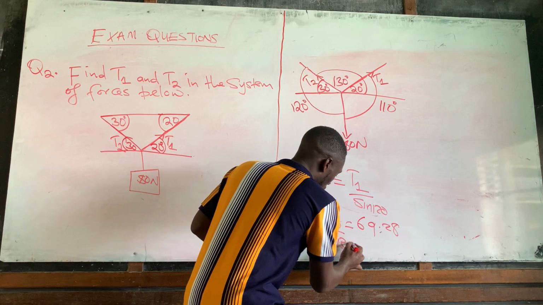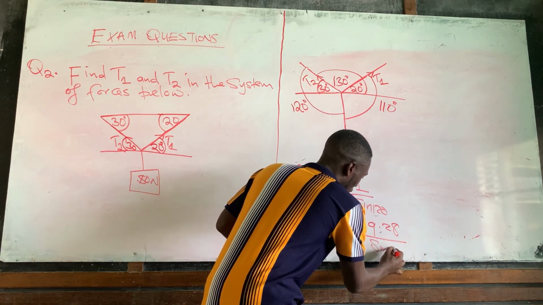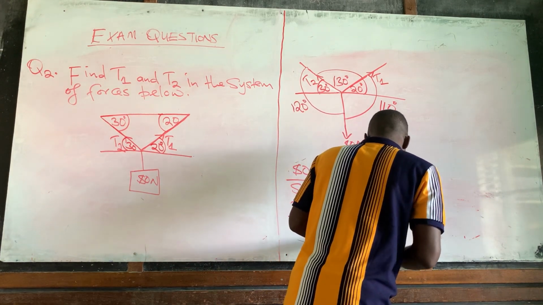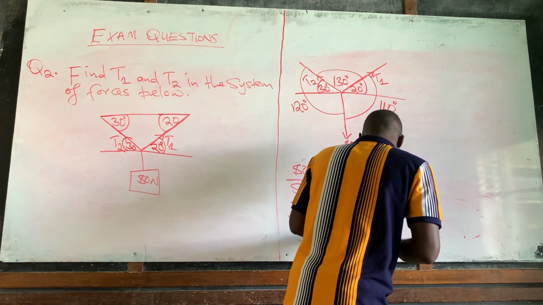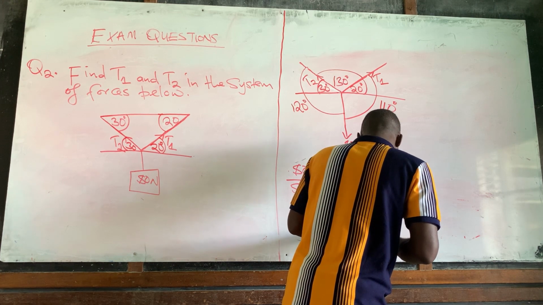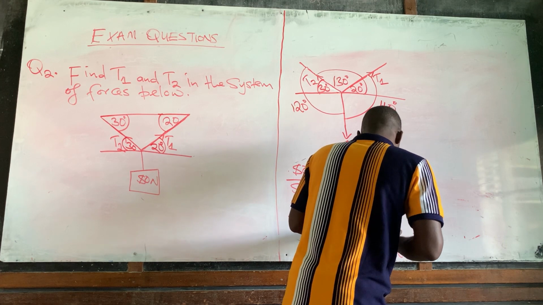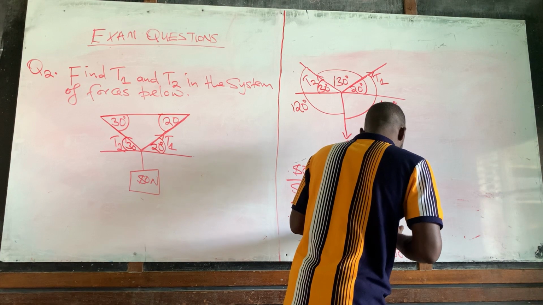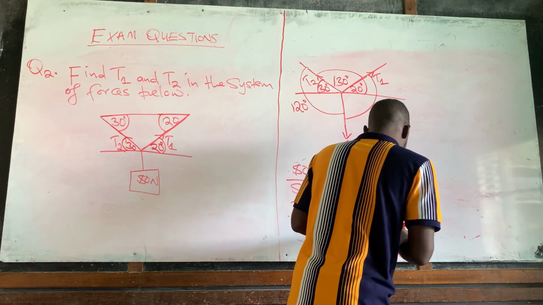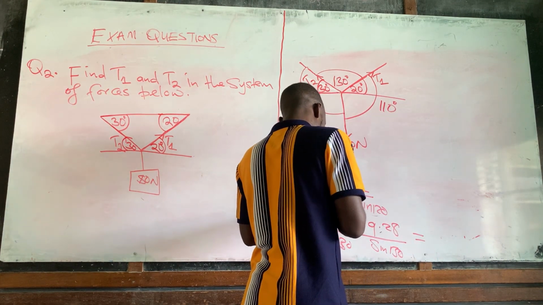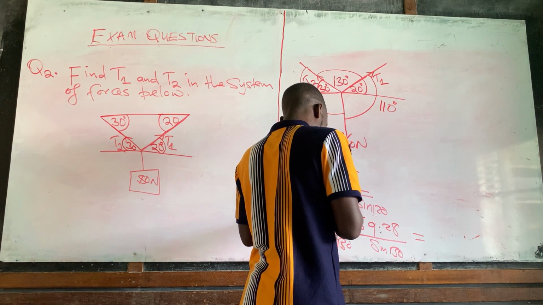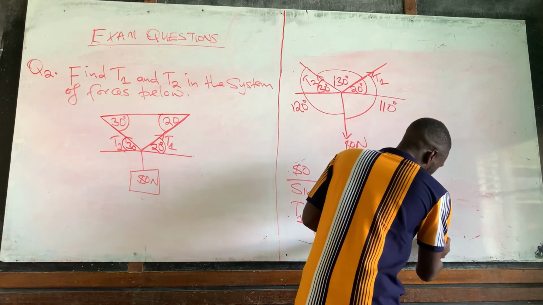So T1 is equal to this divided by sine 130, which is 9.4.